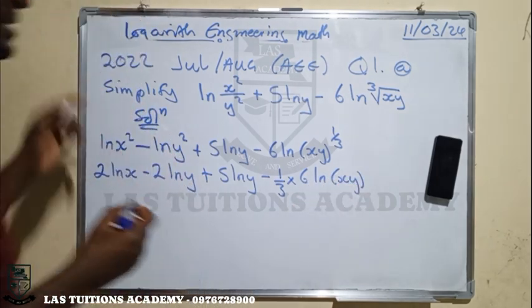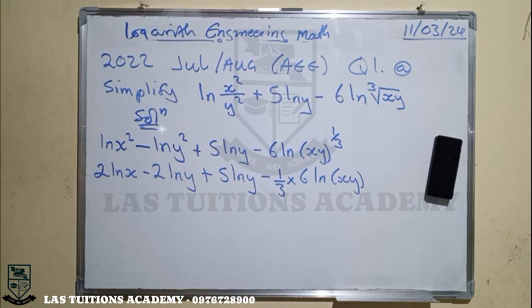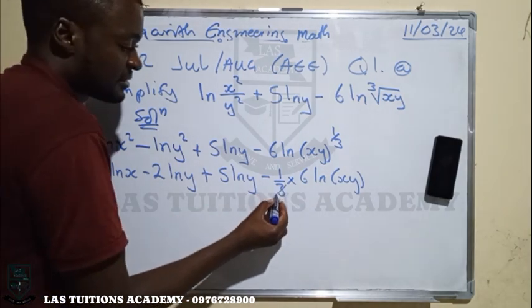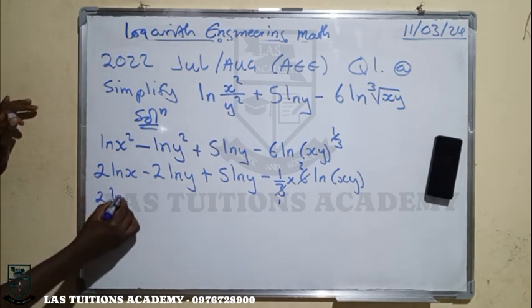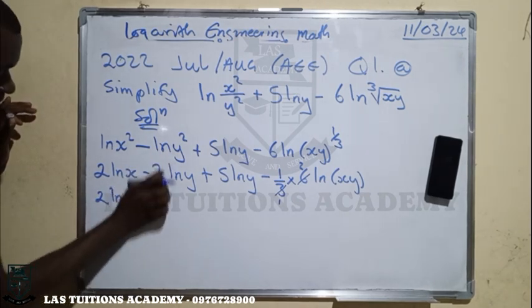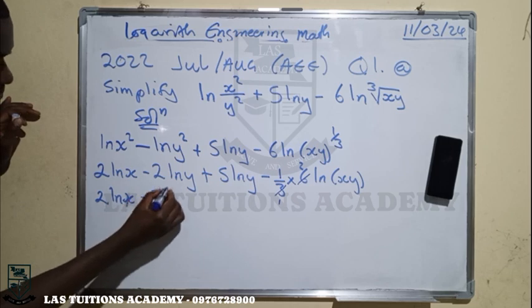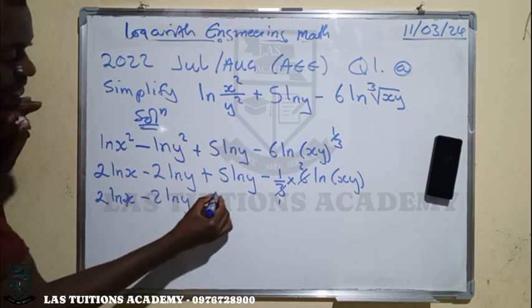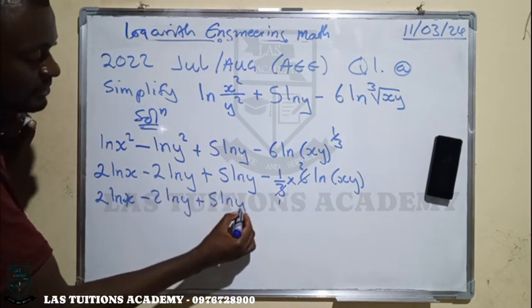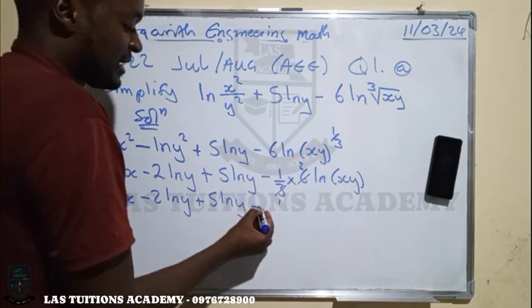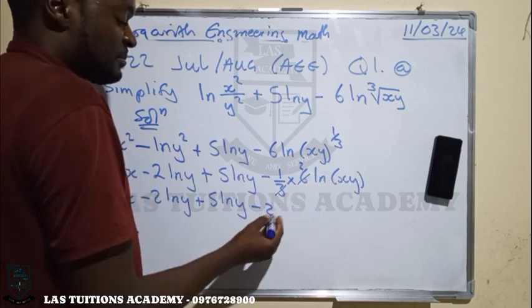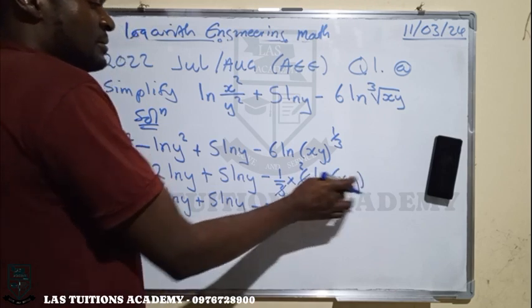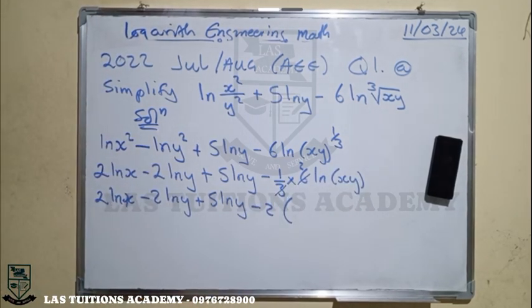So here 1 over 3 times 6 gives 2. So we have 2 natural log of x minus 2 natural log of y plus 5 natural log of y, then here we have minus 2. Then when we split this out, what are we going to have? Derek, you are too quiet.